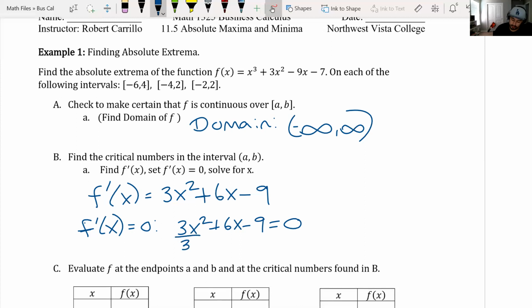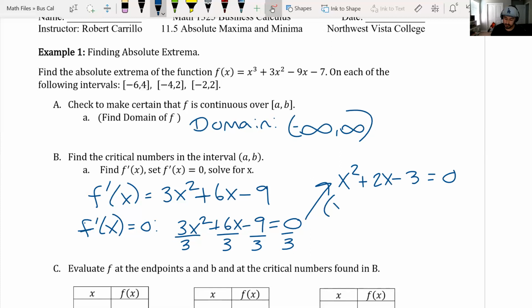I'll divide everything by 3, the reason I do that is because it's the greatest common factor. This then becomes x squared plus 2x minus 3 equal to 0.